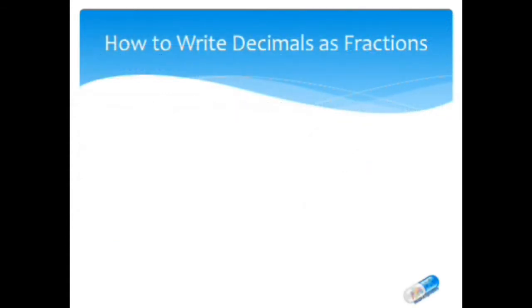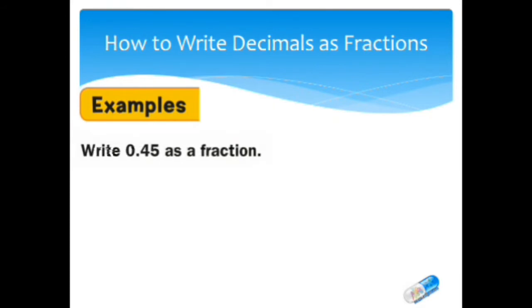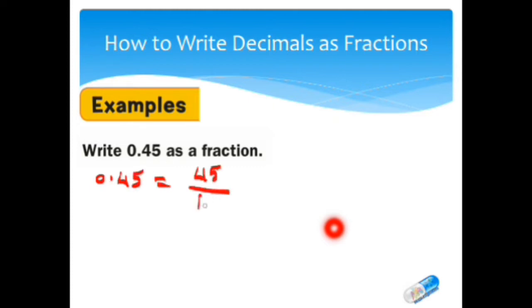Now, how to write decimals as fractions? So this is the other way around. From decimals, we want to write it as fractions. Write 0.45 as a fraction. We can read this as 45 hundredths. So 0.45 is 45 hundredths.